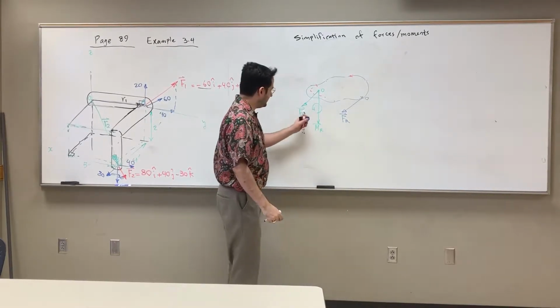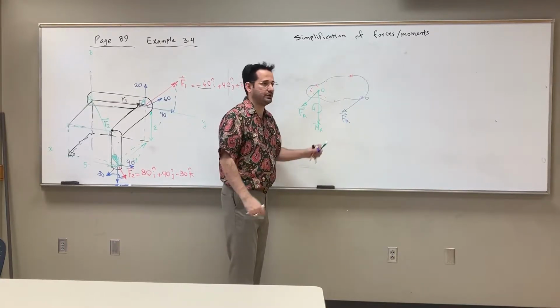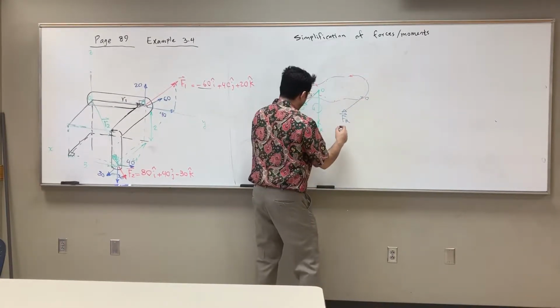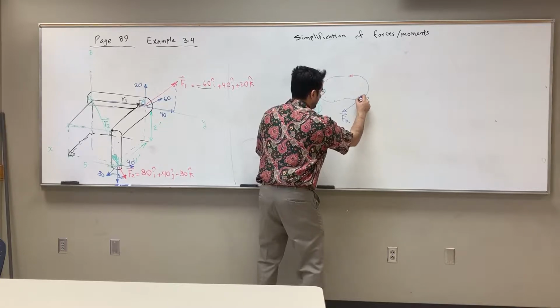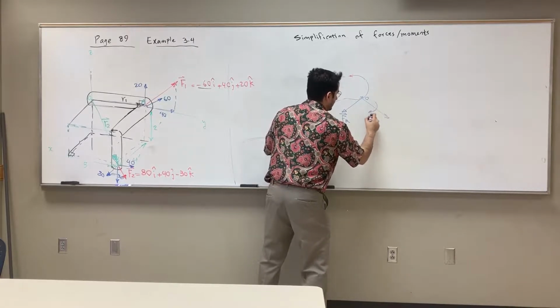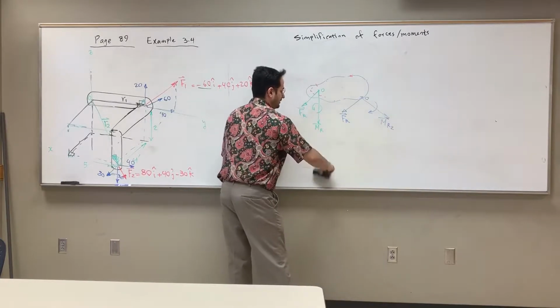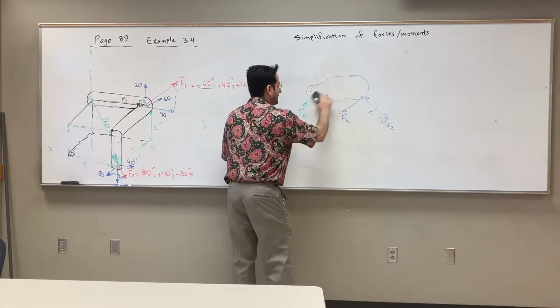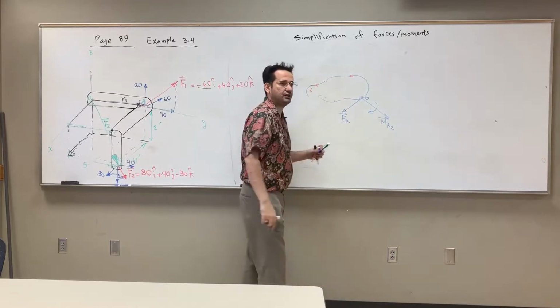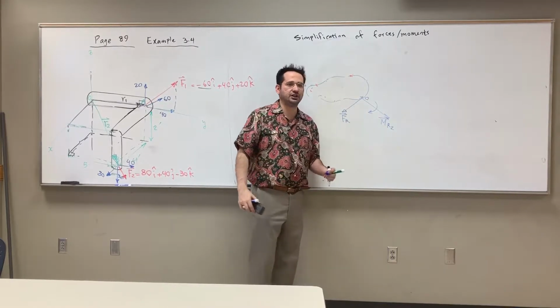But the moment depends on the reference point. If I change the reference point, my resultant moment will be another vector, M resultant, call it 2, right? Then you can move that and put it there. Doesn't matter. Your resultant moment may change, but the resultant force does not change. It's the same.